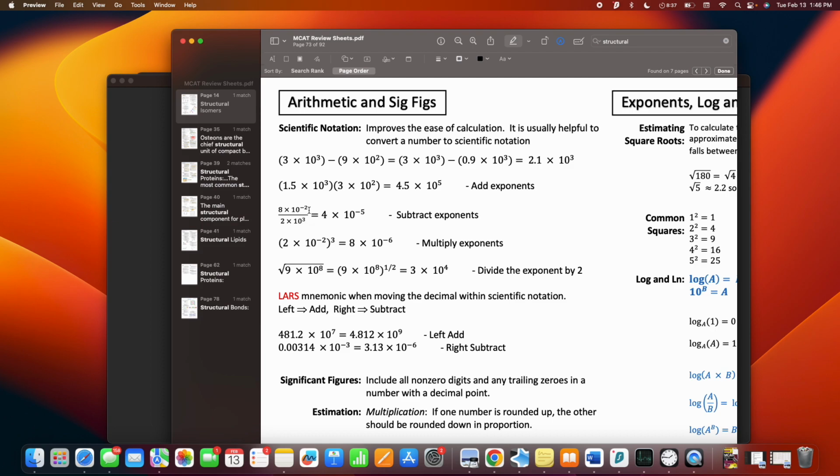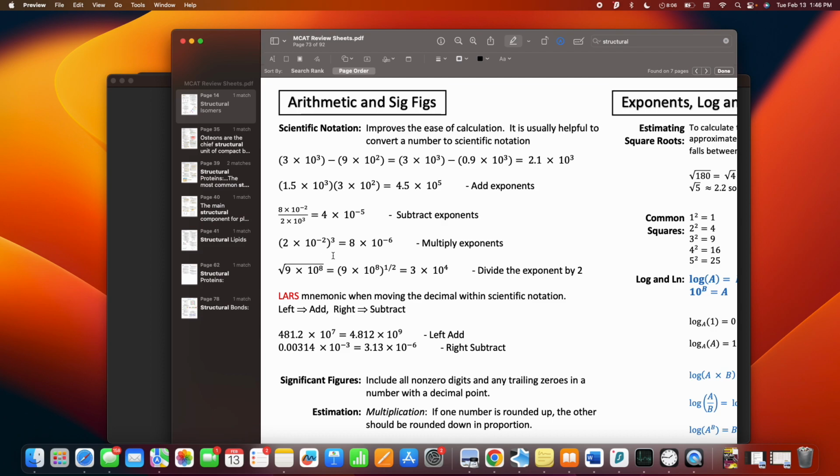When 10 to the 3 is in the denominator, you get a 10 to the negative 3 in the numerator. And 2 times 10 to the negative 2, raised to a power, we multiply exponents, so 10 to the 3 times 2 gives 10 to the minus 6.